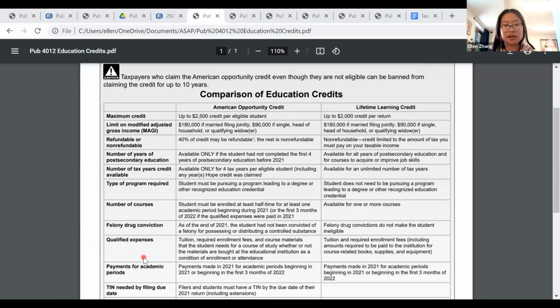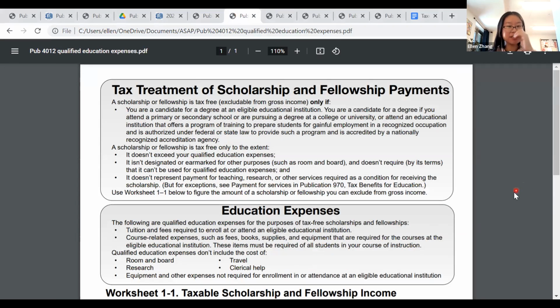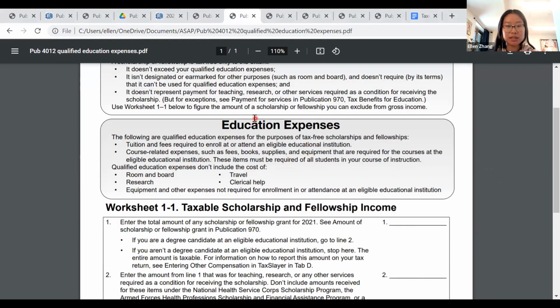What exactly are qualified educational expenses? So here's a short overview of some things that count as educational expenses and some things that are not qualified educational expenses.